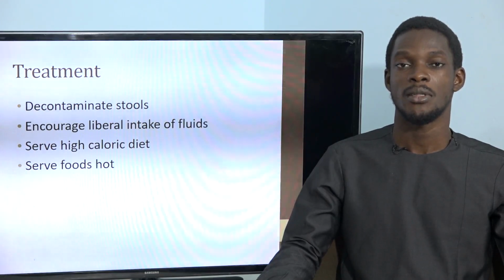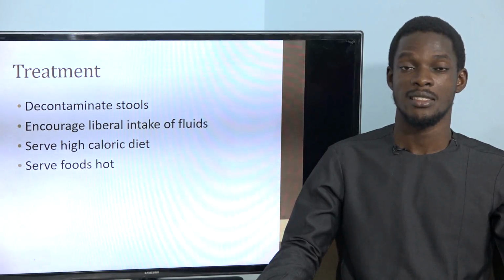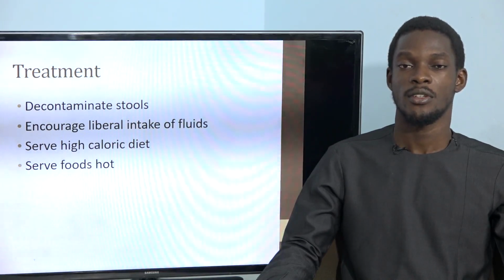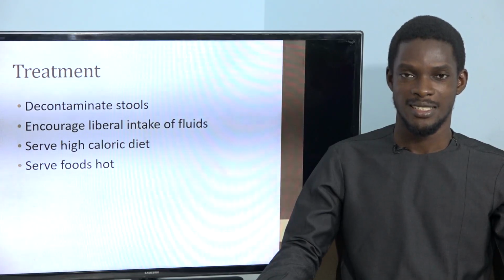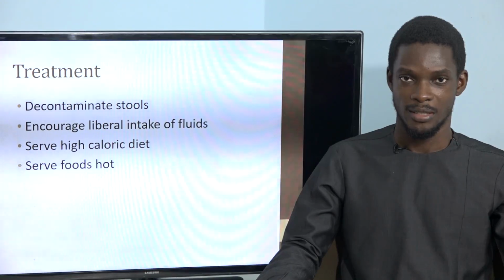Loss of appetite may not permit the patient to eat as he normally would. However, you can encourage intake of a high caloric diet so that the lost energies can quickly be regained. Note that the patient is likely to vomit this out, but as you are giving your treatment and serving your antibiotics, gradually the bacteria will be engulfed, and therefore a high caloric diet will be necessary for the patient to regain his strength as soon as possible and go into convalescence as soon as he can.